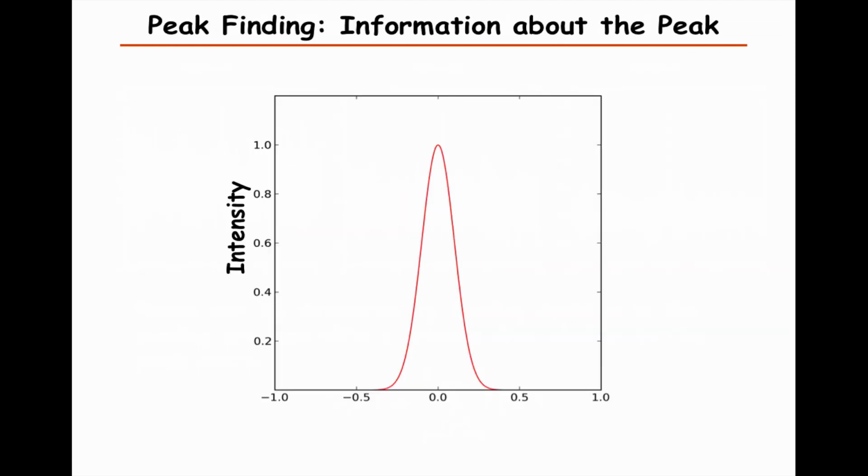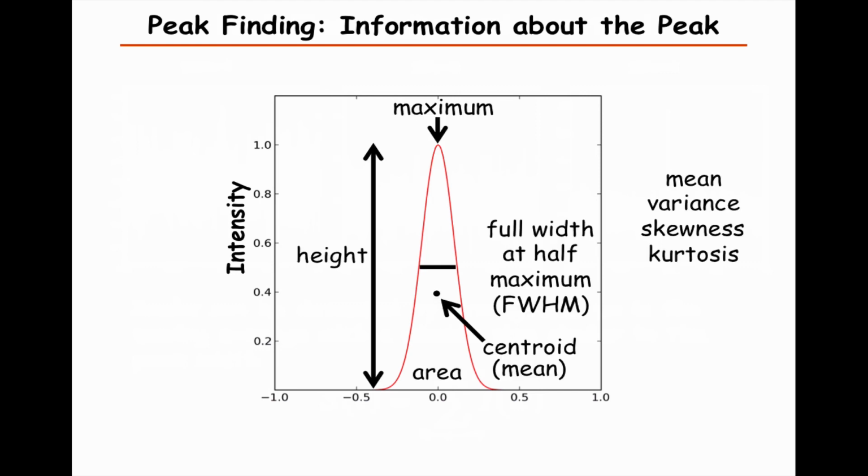And so again, just to repeat, the information about the peak that we're interested in, after we've detected it, is to characterize it: where it's located, what its height or area is, because often we can use peaks for quantitation.